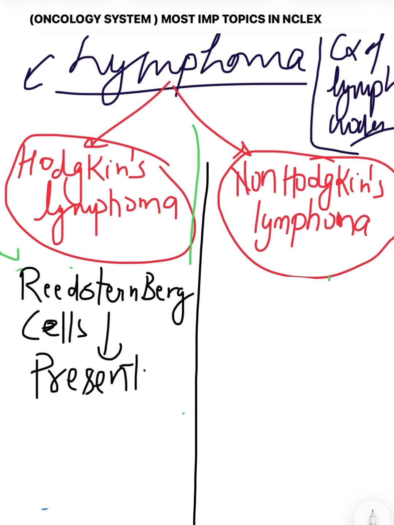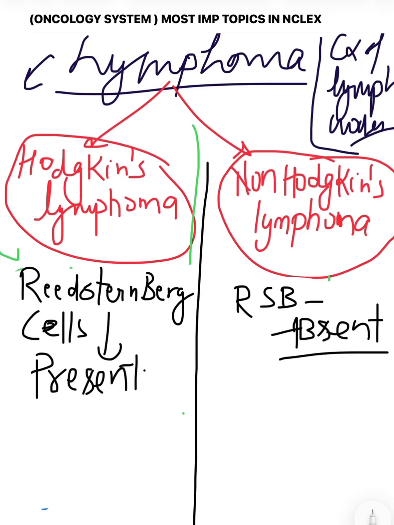But in non-Hodgkin lymphoma, Reed-Sternberg cells are absent. This is the important point.